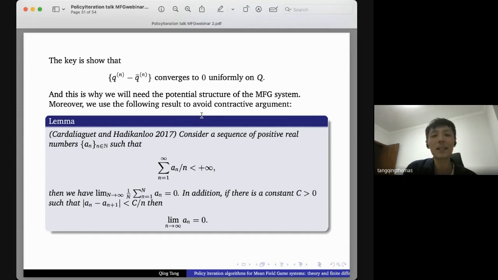Okay, and the next lemma was due to the fictitious play paper by Cardaliaguet and Hadikhanloo. This is a result which allows us to get convergence without using contraction fixed point.